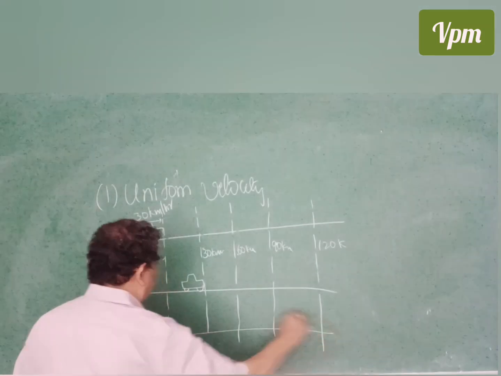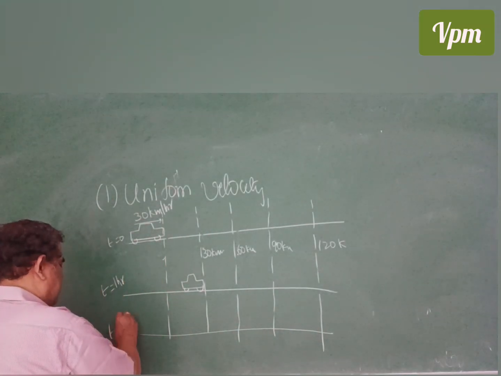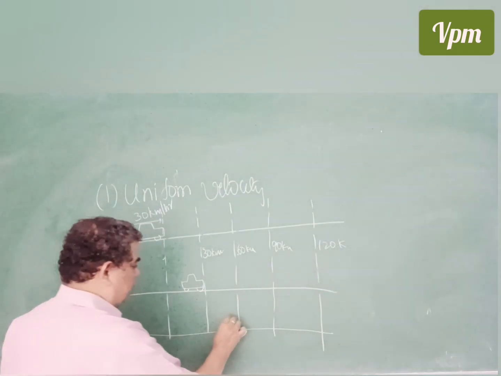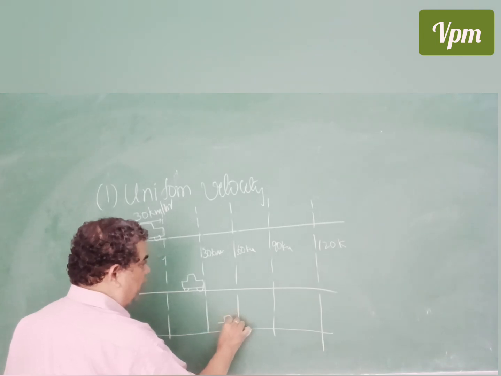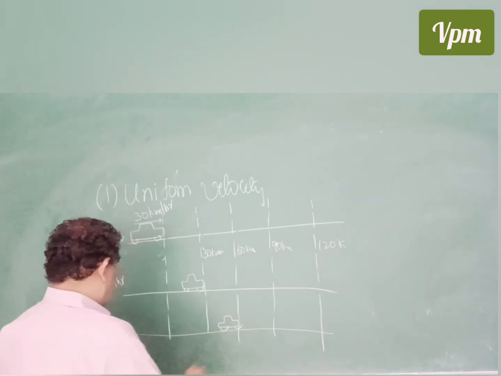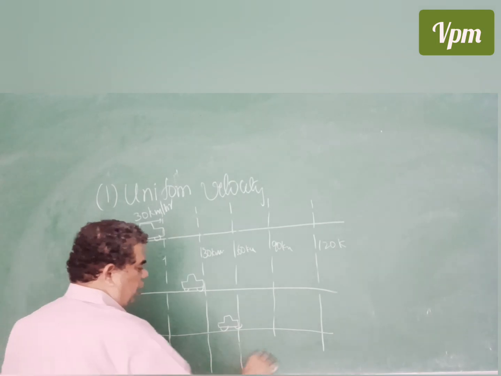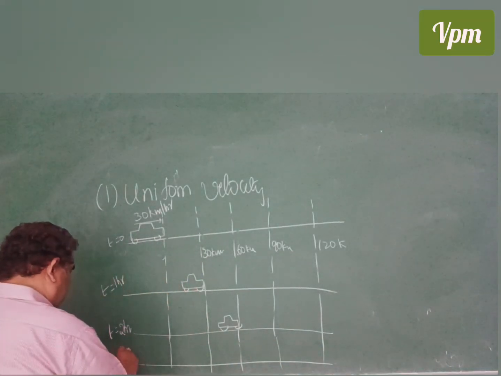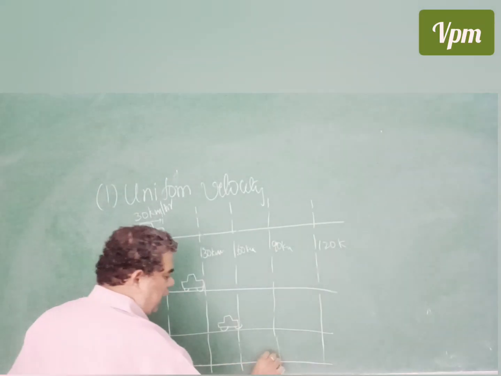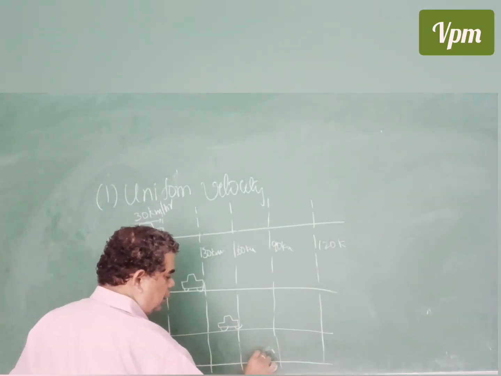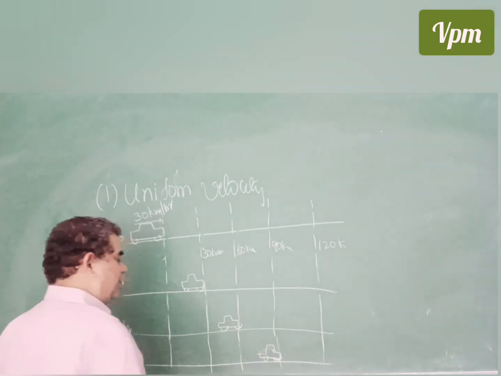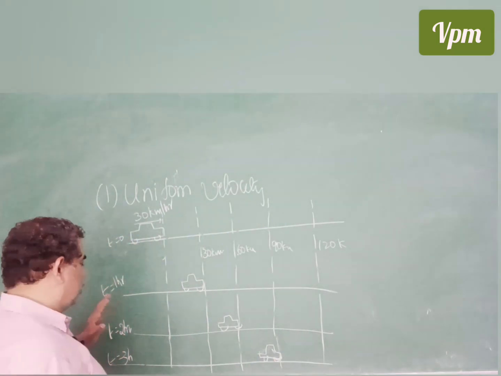After 1 more hour, in the second hour, from here to here is 1 hour, and again 1 hour. It is at the 60 kilometer mark on the road. Likewise, at t equals the third hour, the car is somewhere here, at 90 kilometers. My car shapes are changing, nothing to worry.